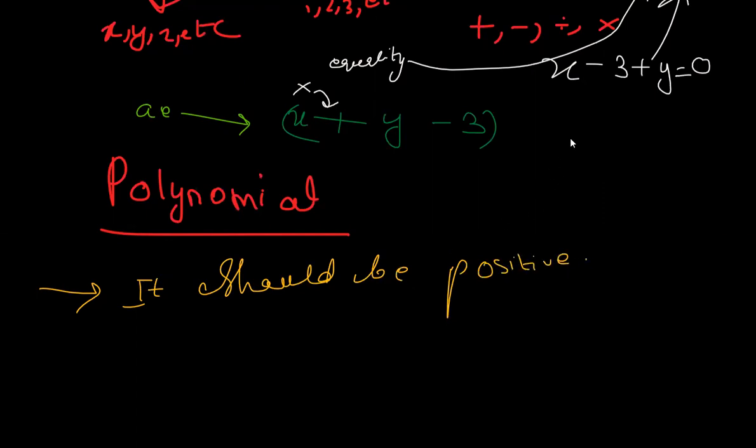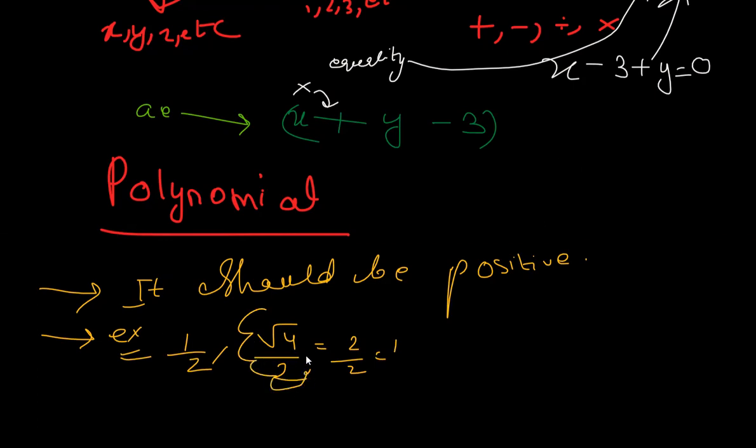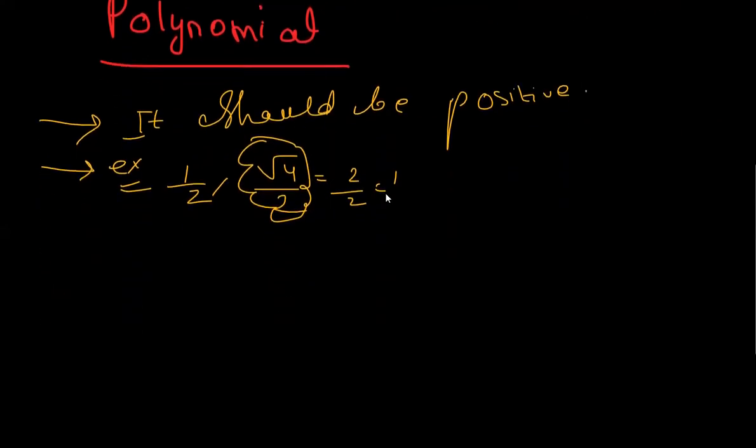If it will be negative or in the imaginary numbers, then it will not be. Example, it can be 1 by 2, root 4 by 2, because it forms 2 by 2 equals to 1. So this can be a polynomial value, etc.